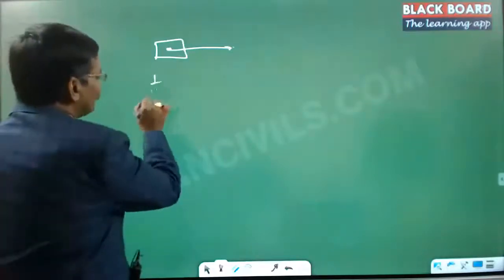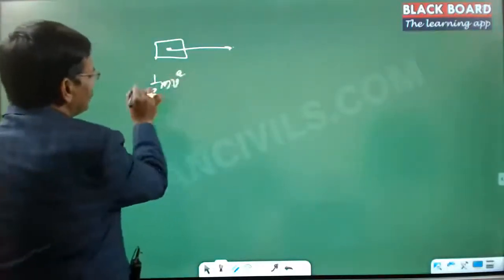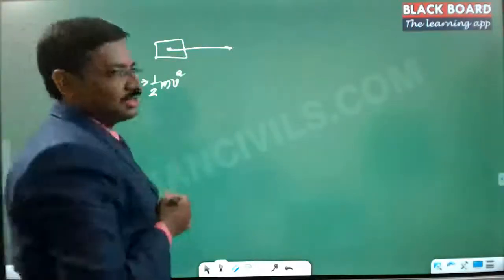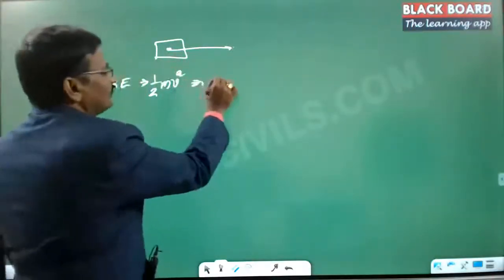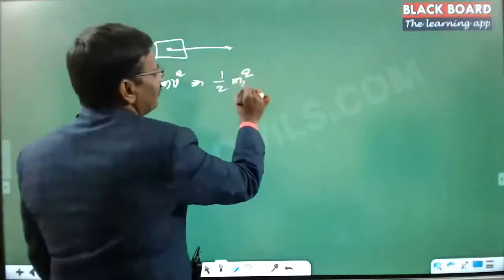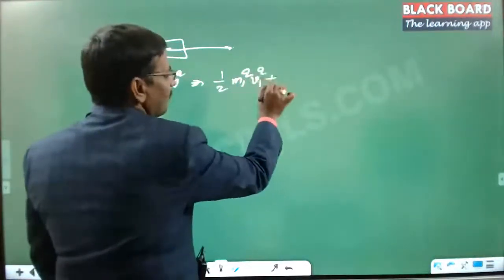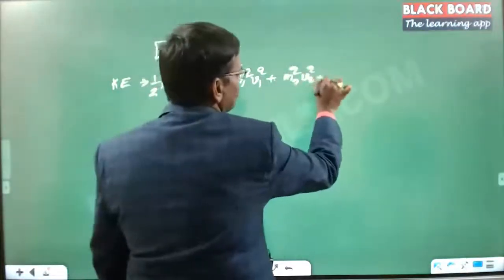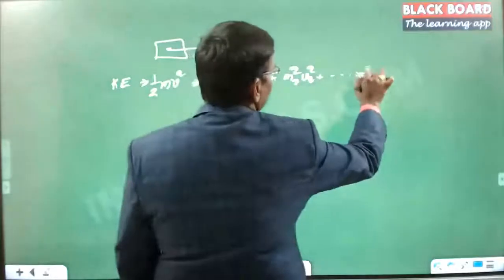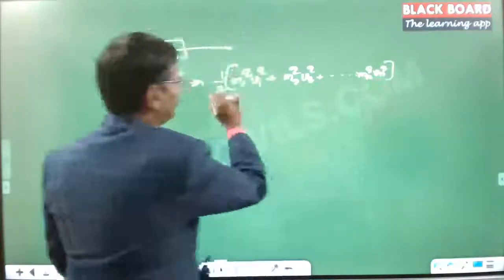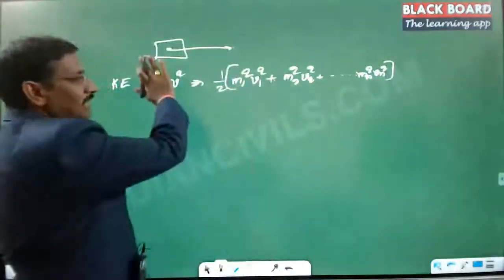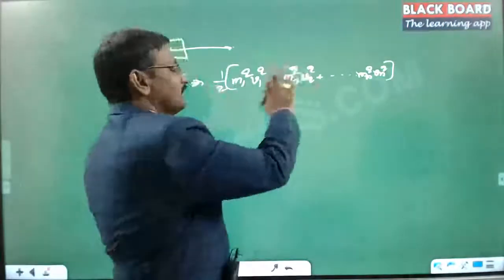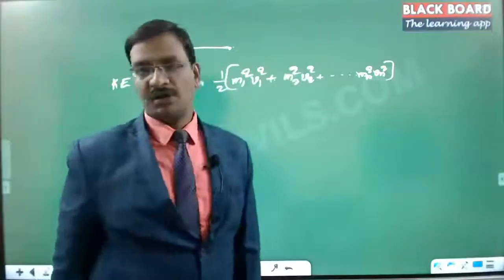So half mv square, if you want to calculate the kinetic energy of this particular block while moving from this location to this location, every particle has half m1 v1 square plus half m2 v2 square plus and so on up to half mn vn square. If I make this block into n different particles, the sum of the kinetic energies is the total kinetic energy of this block.